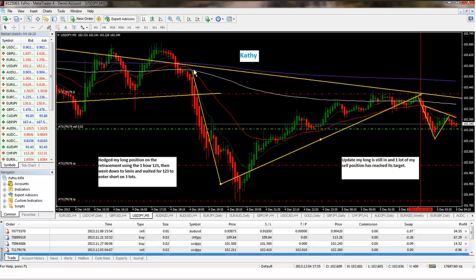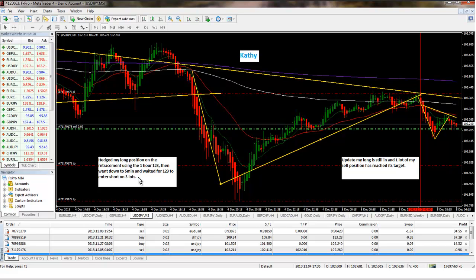Okay, so that's hedged my long position on the retracement using the 1-hourly 1, 2, 3. Then went down to the 5-minute, waited for 1, 2, 3 to enter short on 3 lots. So she actually took an intraday trade, on the 5-minute chart, the way I understand.